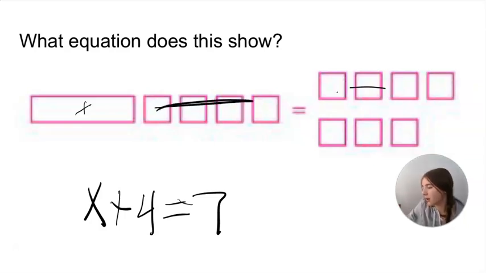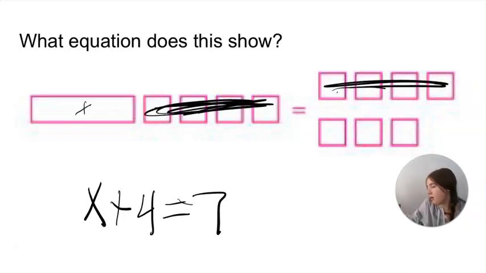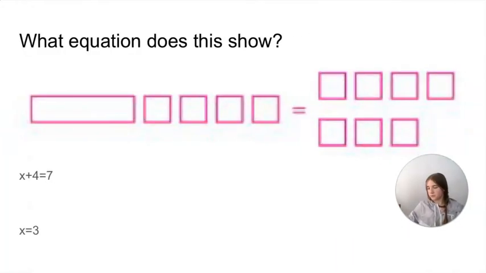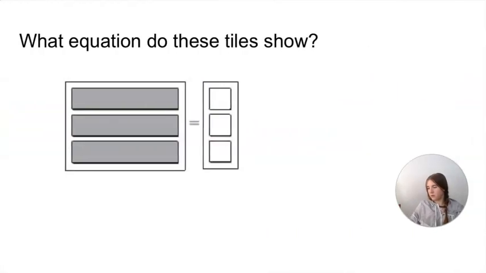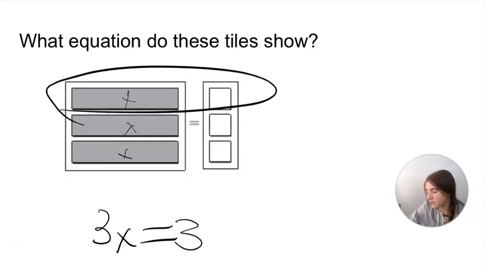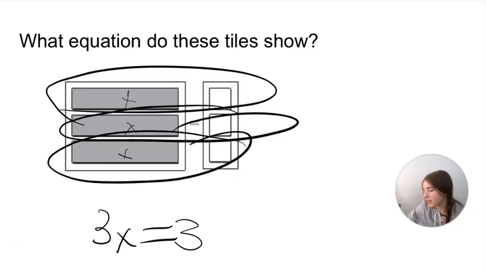How we could do that is we could cross out all of these, and we're left with 3. So x equals 3. This one has x, so 3 x's equals 3, which here you could just go like that. And x equals 1. Good job.